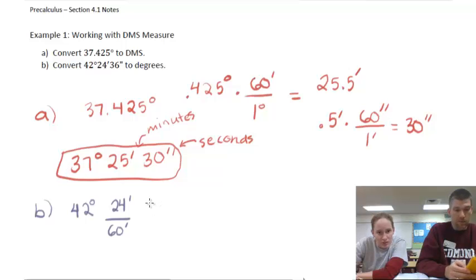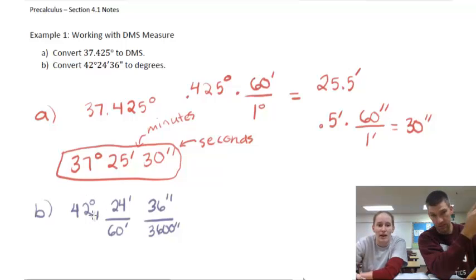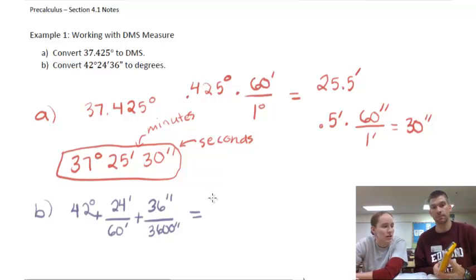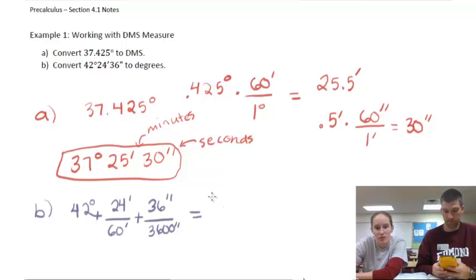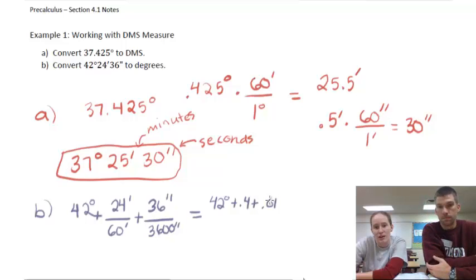And then for the 36 seconds, how many seconds are in 1 degree? 60 times 60. Right, and we're adding all of these together. So 42 degrees plus 0.4, that's your minutes portion, plus 0.01 from that last part.